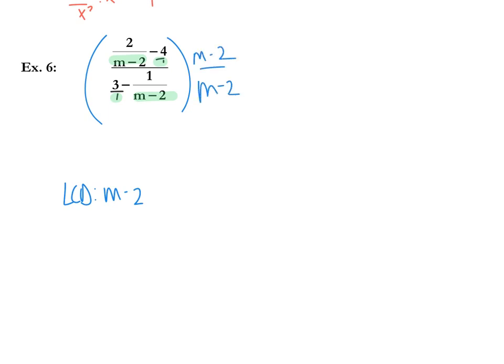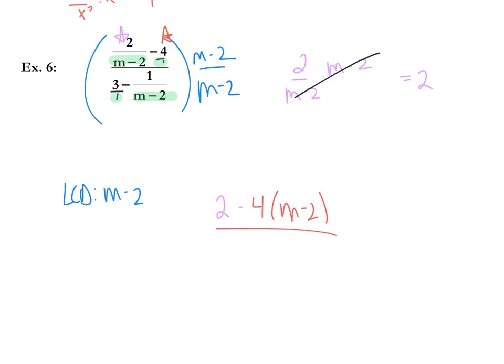All right, and let's break this one down so we can see visually everything. So 2 over m minus 2 times the LCD. These cancel, and you're left with just 2. So we have 2 minus, and then for this one, it's over 1, so we need to keep everything. So m minus 2 divided by 3 times m minus 2.